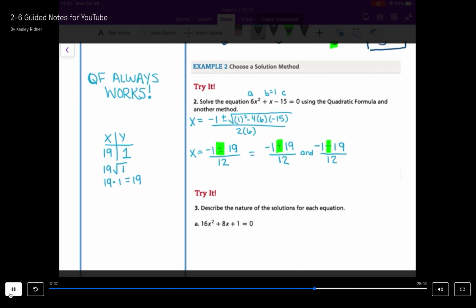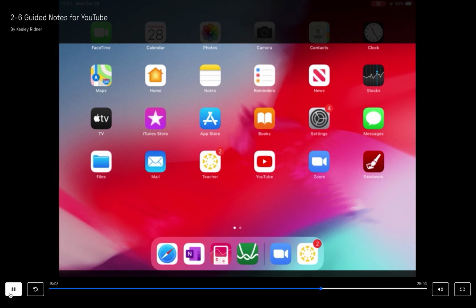Okay. Now notice we can simplify that. What is negative 1 plus 19? Well, that's 18. What's negative 1 minus 19? Well, that's negative 20. Those fractions do reduce. So if you are good at reducing in your head, please do so now and stretch that brain power. If you're unsure and you're like, oh, I hate fractions, no worries.